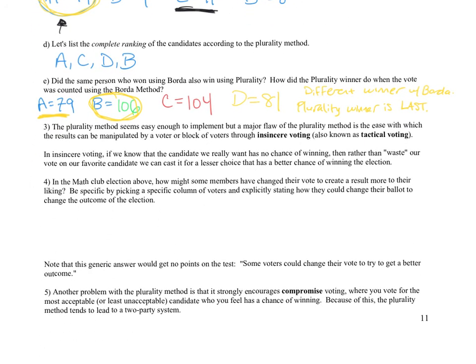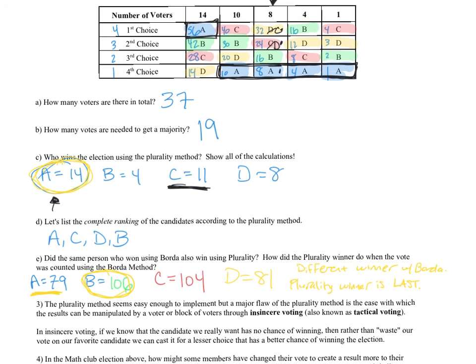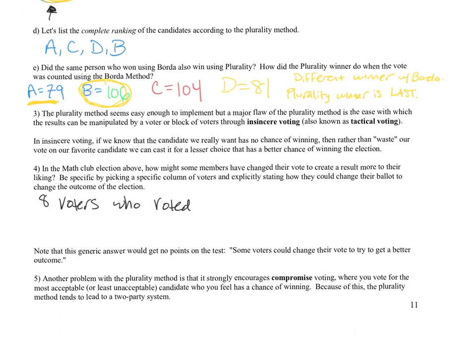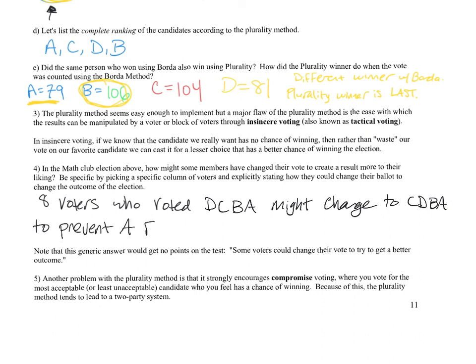Okay, so the 8 voters who voted originally DCBA might change to CDBA to prevent A from winning.